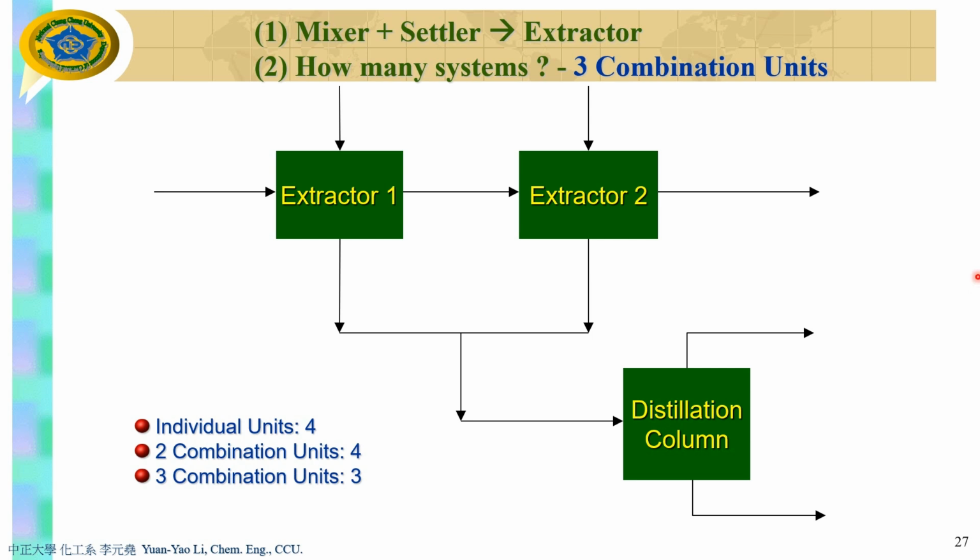And then do we have a 4 combination unit system? Yes. So that will be the overall unit system or 4 combination unit system. How many? 1. So if you count the overall unit system, how many inputs and how many outputs? Please tell me. How many input streams and how many output streams?